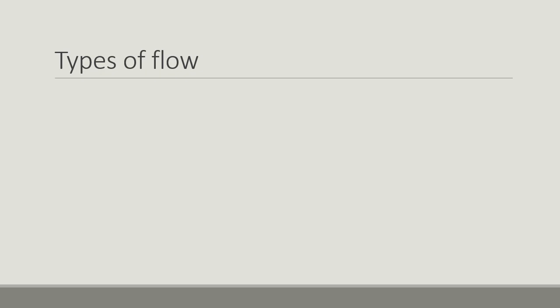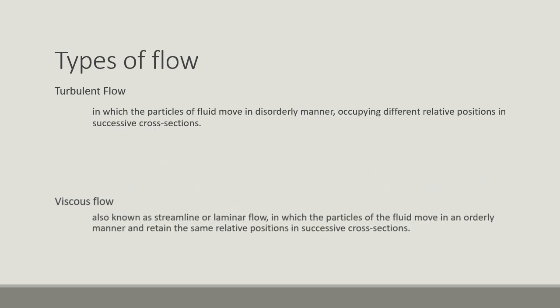We're going on. Now, considering the types of flow, we have two main types of flow. We have the turbulent flow and the viscous flow. Now, what do we mean by turbulent and viscous flow? The turbulent flow is a type of flow in which the particles of the fluid move in disorderly manner, occupying different relative positions in successive cross sections.